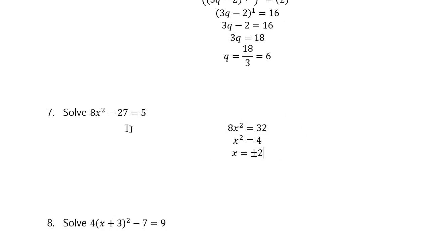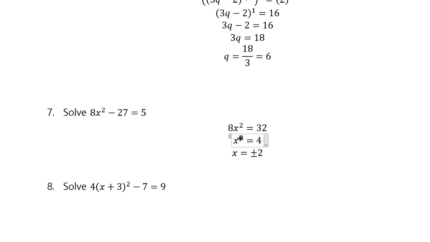On the other hand, if this was a cube, so let's say you had x cubed equal to 8, then taking away the cube wouldn't create plus or minus, because a negative cubed will still be negative, so it wouldn't work. Okay, so just remember that if you have an even power, you need plus or minus.